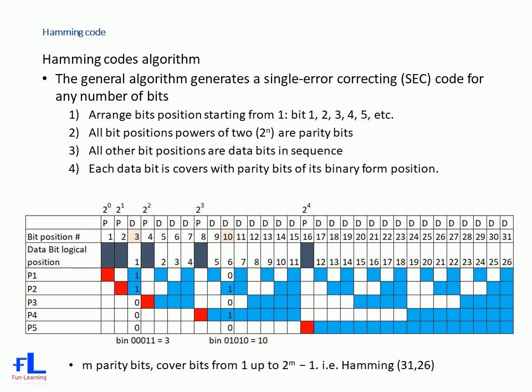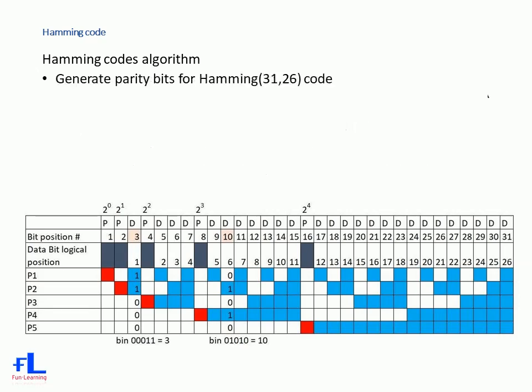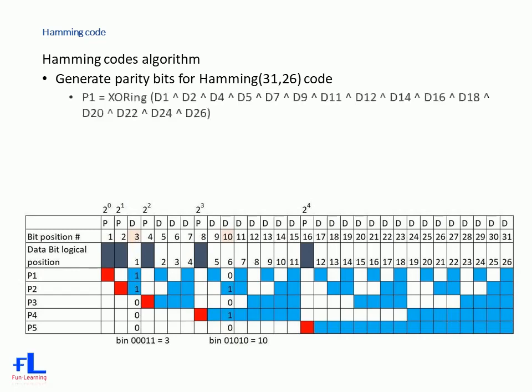An example here is the Hamming 31/26 code. This is the way to generate the Hamming 31/26 code parity bits. Parity bit 1 is XORing the data bits in the highlighted blue boxes: D1, D2, D4, D5, D7 etc., until D26.